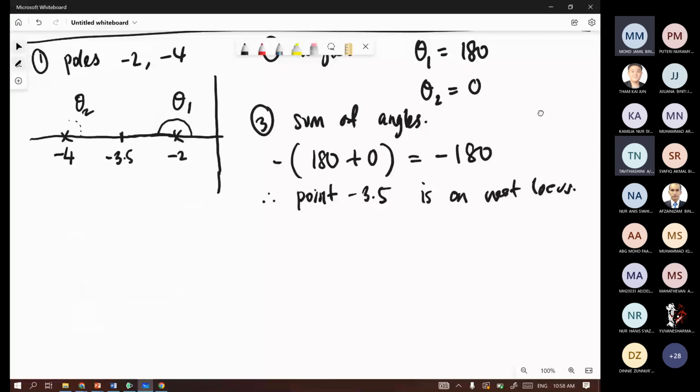To determine the gain K, first we need to determine the lengths. Determine the length here and the length here, let's say L1 and L2.